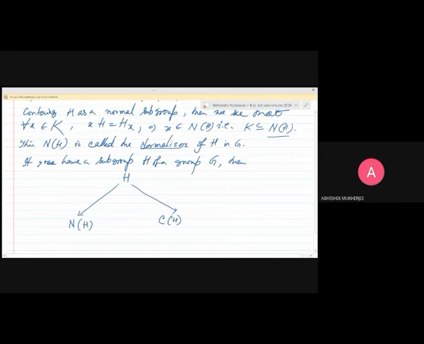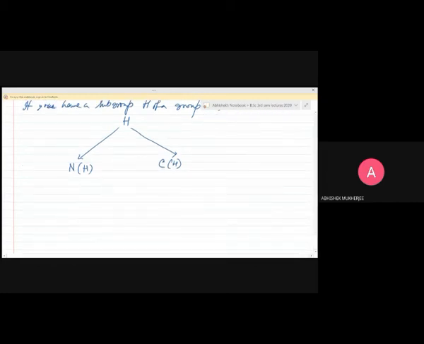Can we establish any kind of relationship between these two subgroups of G? Both are subgroups of G, right?